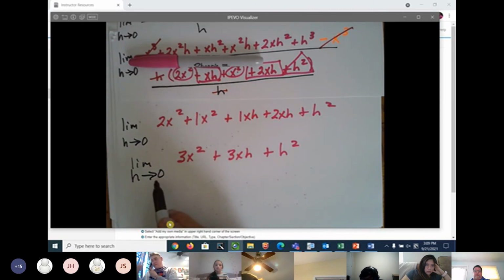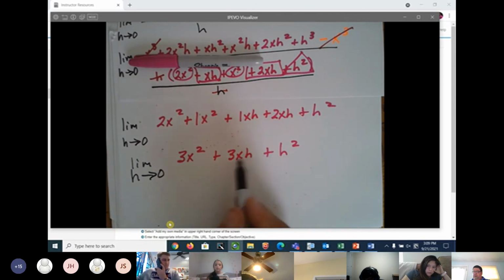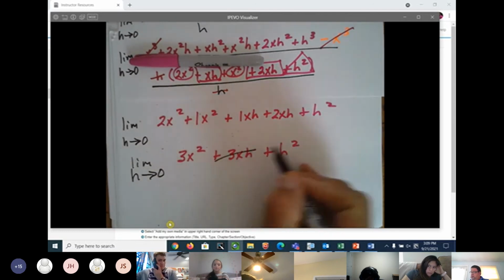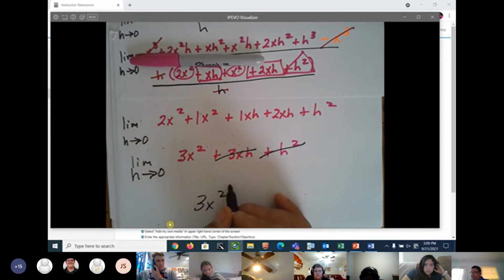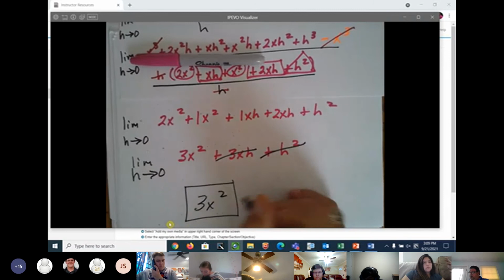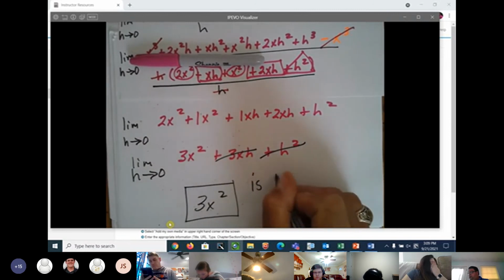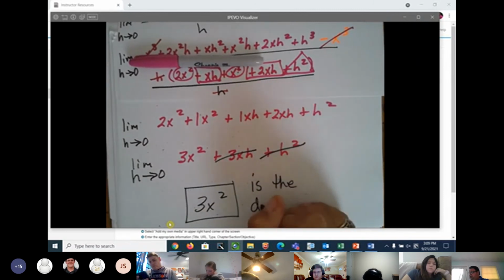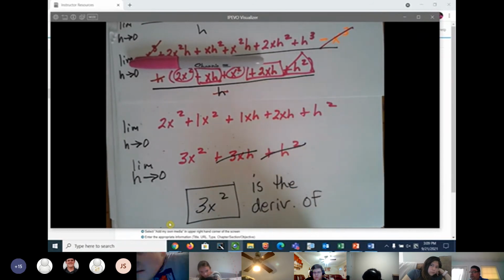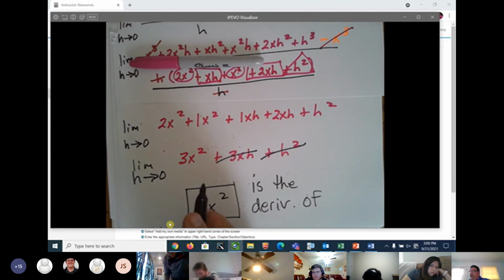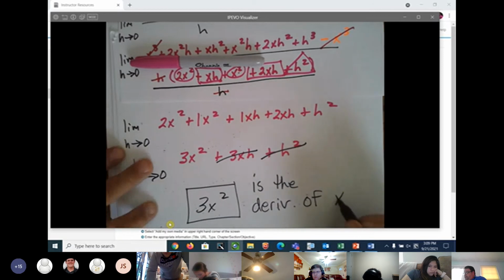What does the 0 do when you plug it in? Makes it zero. And you're left with what? 3x squared is the derivative of x cubed.